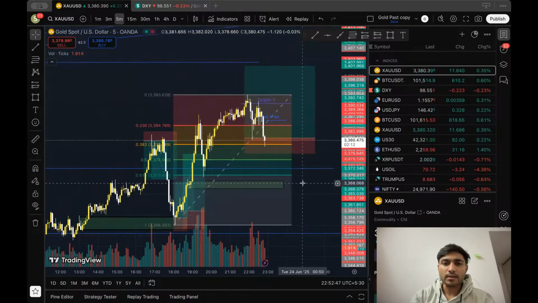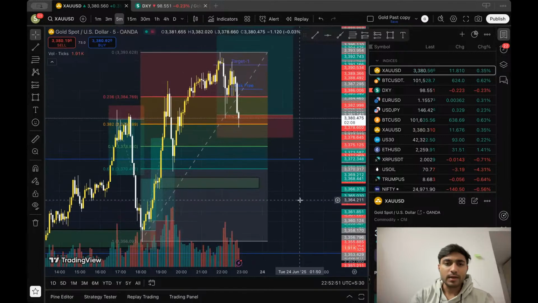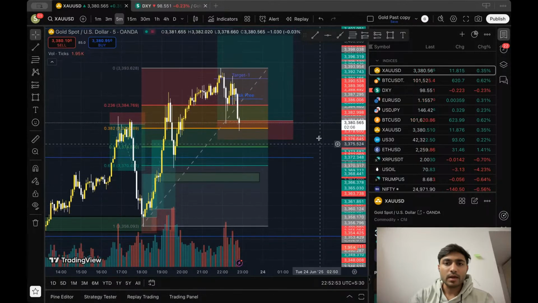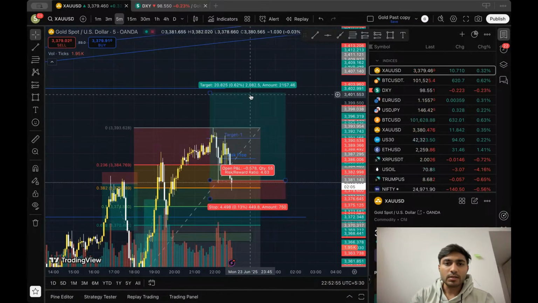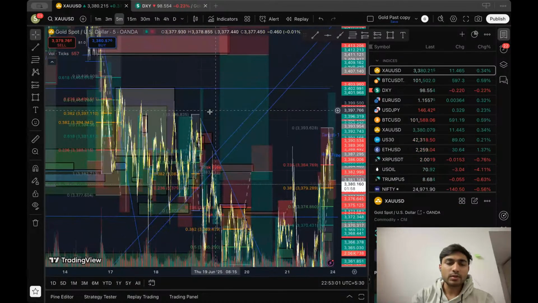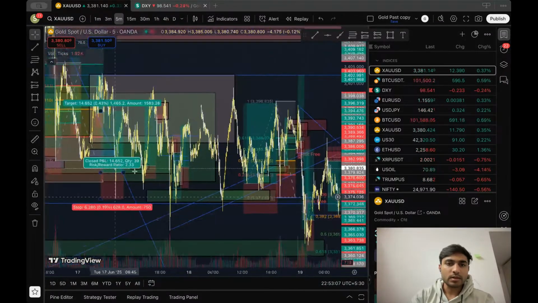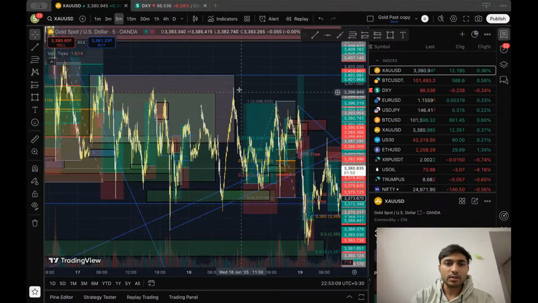So why did I take this trade? This is a simple trade where I'm trying to capture this 400 level, which was actually a choppy market before. If you can see, all these supply zones or resistances, a lot of resistances here. One resistance, two resistance, three resistance, four resistance.